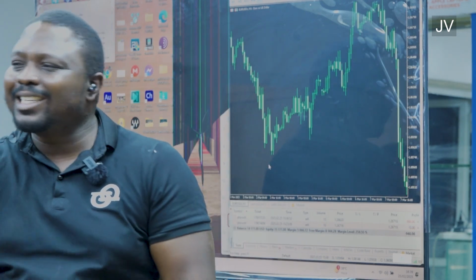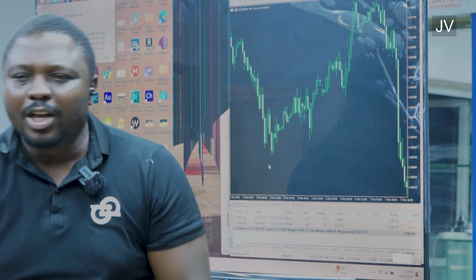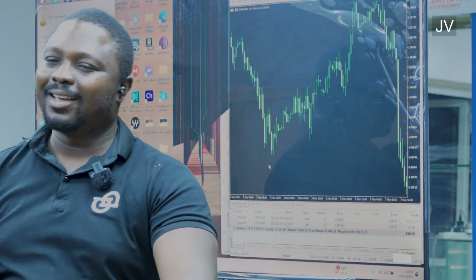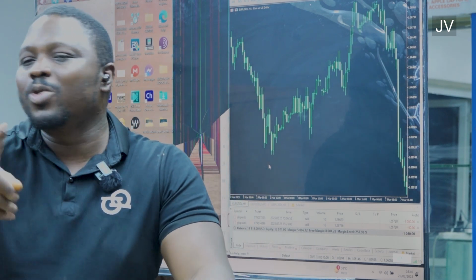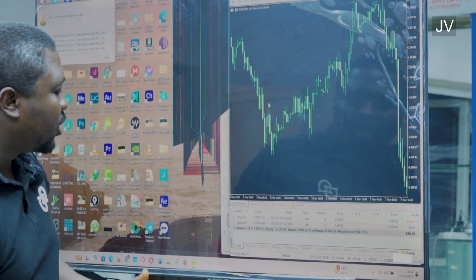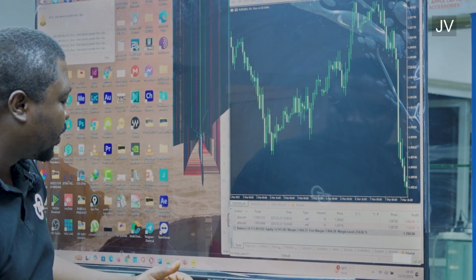There will be twists. There's a way that it will move. It will confuse you. If I expect it to be a double bottom, it will just clear that bottom and go back. If it says that it is going to create a lower low and go to a lower high, it will not go there. It will just keep on going down. Now, I'll just discuss a few of the strategies.